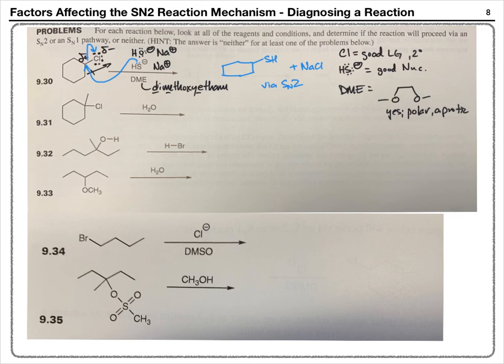So knowing everything you know about SN2, look at 931. Do you think 931 as written is a good SN2 reaction?